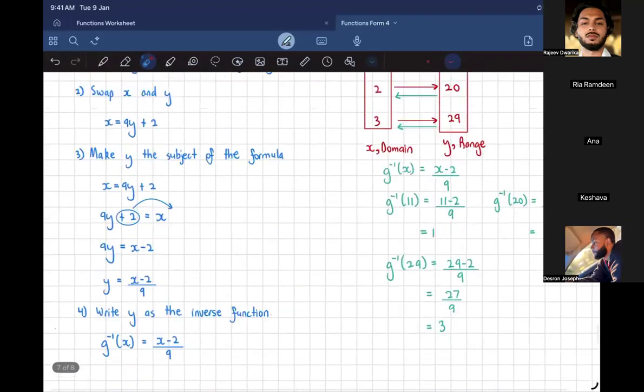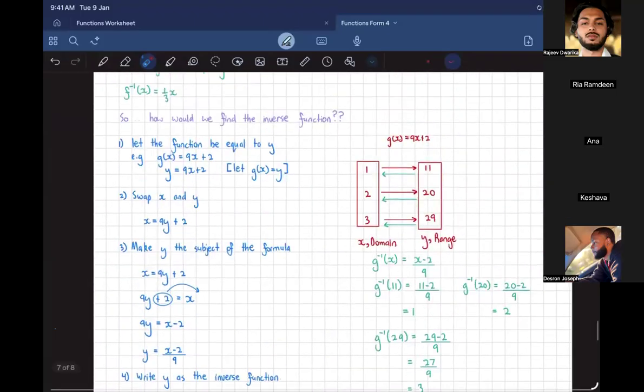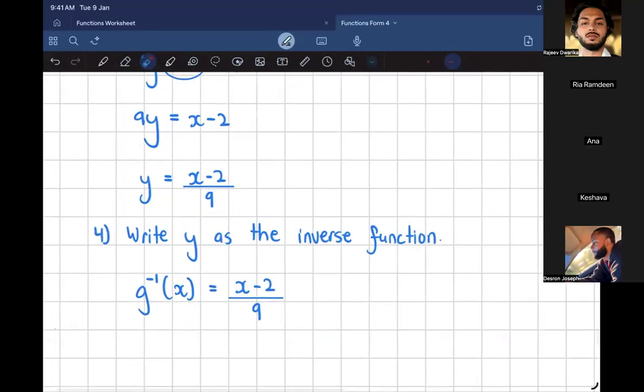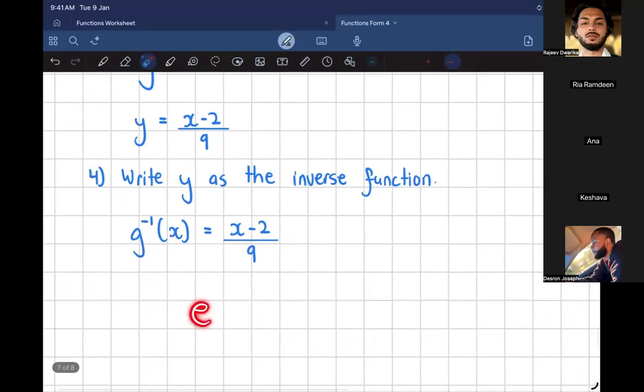If you look at the previous example, the original function was g of x, and so the final answer would be g minus 1 of x, to show that it's the inverse function. That's how you write the inverse function notation. Imagine if you had a function e of x, then the inverse function would be e to the minus 1 of x.